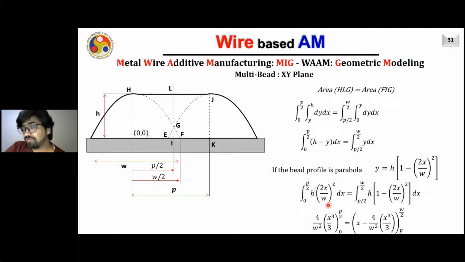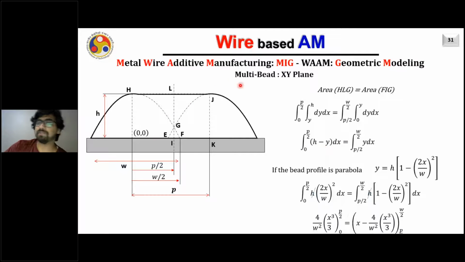And that is true when I am assuming the shape of the bead is a parabola. Now if somebody asks me, what if the shape is something else? Then of course you will have another equation between y and x, and the boundary conditions will be written with h and w. You can consider anything, put in the boundary conditions, get the equation, and then put it back into this equation to find the optimal overlap.